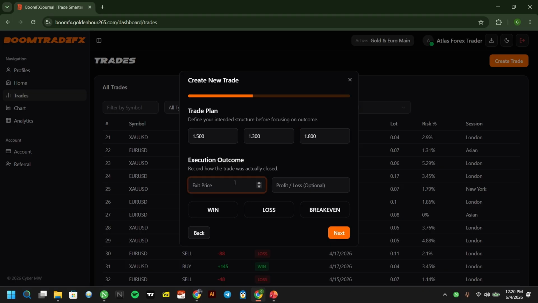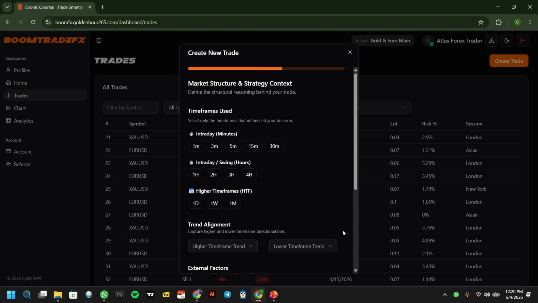Exit price, let's say it was 1.700, and the profit, let's fancy that the profit that we made was $250, and it was a win. So let's click on next.